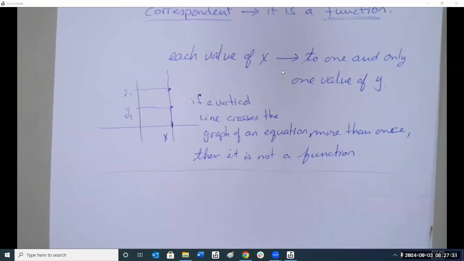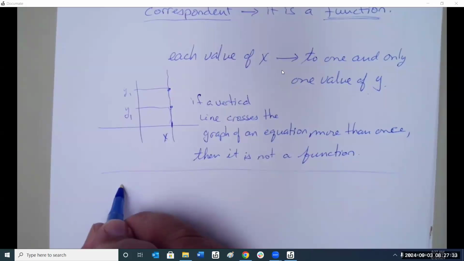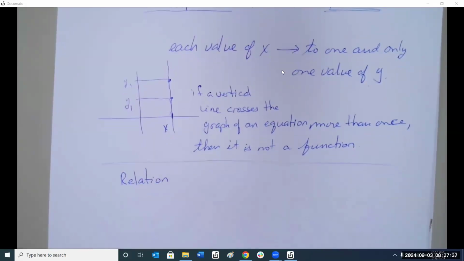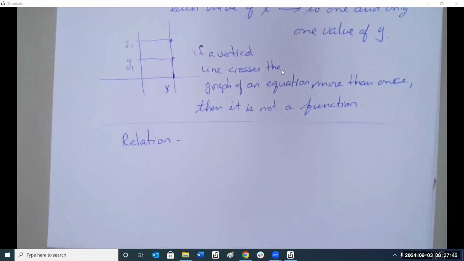In that case, if it's not a correspondence, it possibly may be a relation. What is a relation?